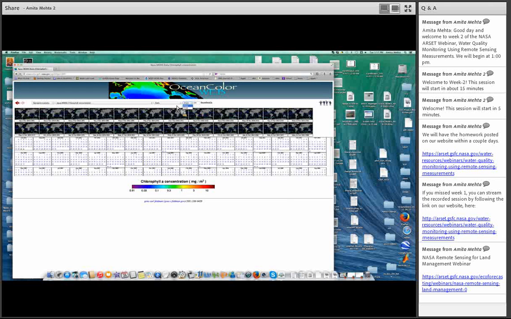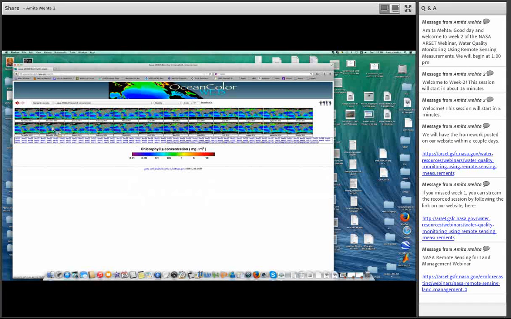So there is daily data, there is 8-day composite or monthly data available, and these are the monthly data. So October to this latest month available here, so they are quite current, and bear with us while it's getting to the image.